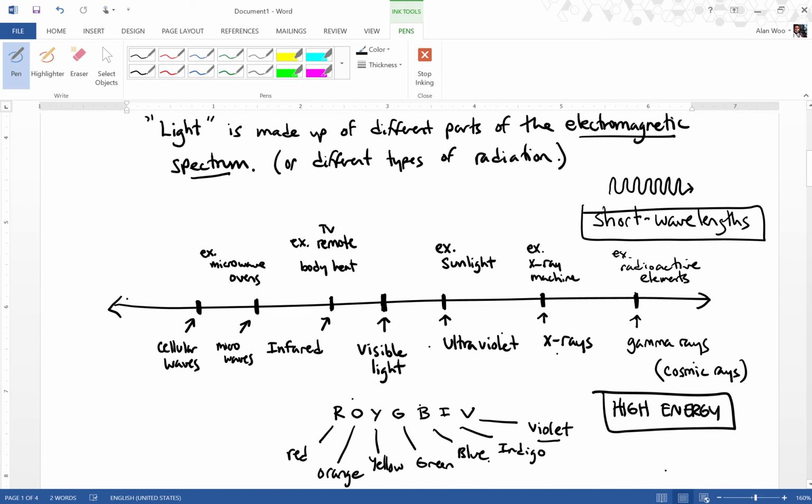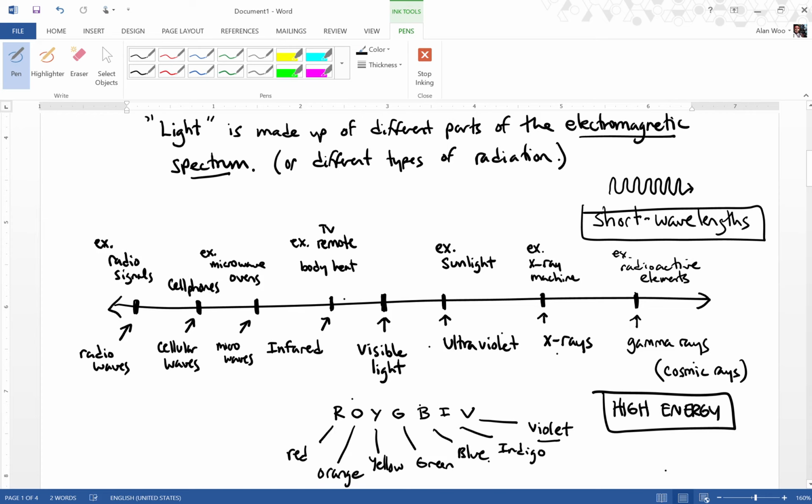Okay, and at the far end we have radio waves. So again, the examples are kind of obvious. So you have radio signals and you have cell phones.